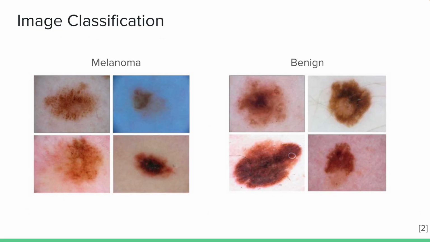In this example, the researchers tried to distinguish between different kinds of skin lesions, whether they are melanoma or benign. I think I gave this example already in the introduction. However, one interesting thing here was that the underlying data set was not independent and identically distributed, because for all the examples that they had in the data set that were melanoma, there was a ruler in the image, which is quite common to give doctors a bit more context about the skin lesion, how big it is, because if you just have the picture, you don't know how big it was.